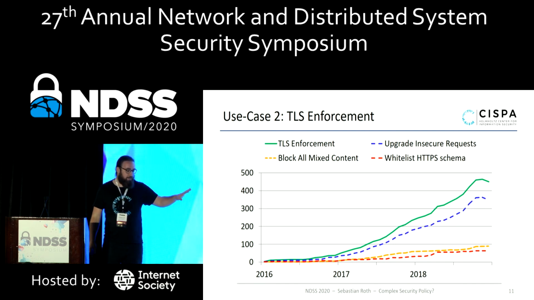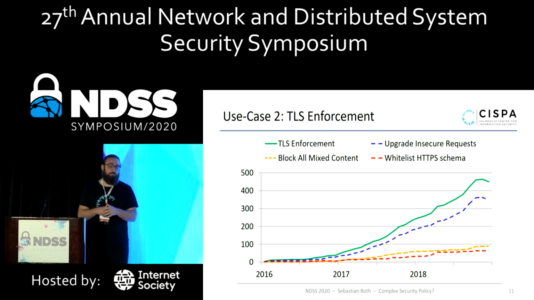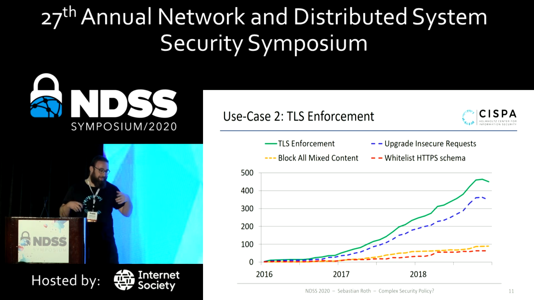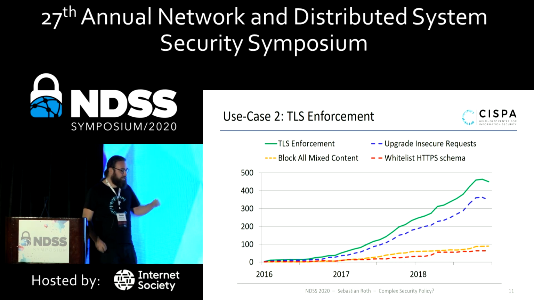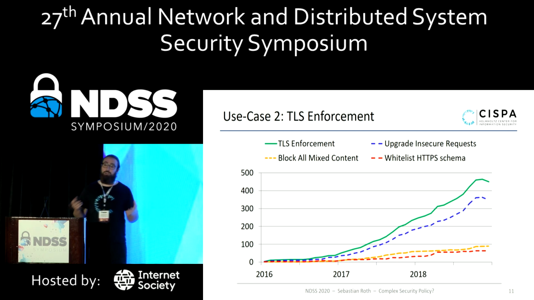Well, the red line at the bottom shows you CSPs that whitelist only the HTTPS schema. And the dotted golden line shows you the usage of the block-all-mixed-content directive. In both cases, those technologies will just block all HTTP requests from happening.